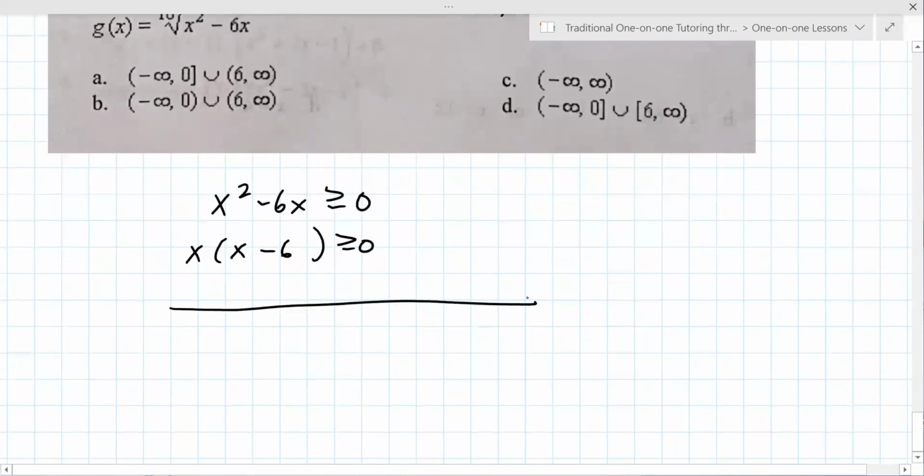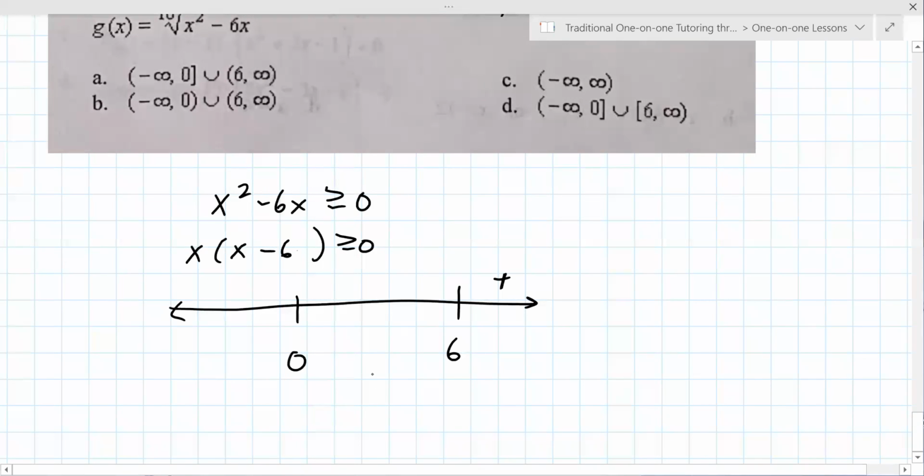And you make a little number line. That's 0 and that's 6. And you try to figure out well, what happens in each of these windows? Well, when x is over here, let's say it's 10. 10 times 10 minus 6 is a positive number, like 40.